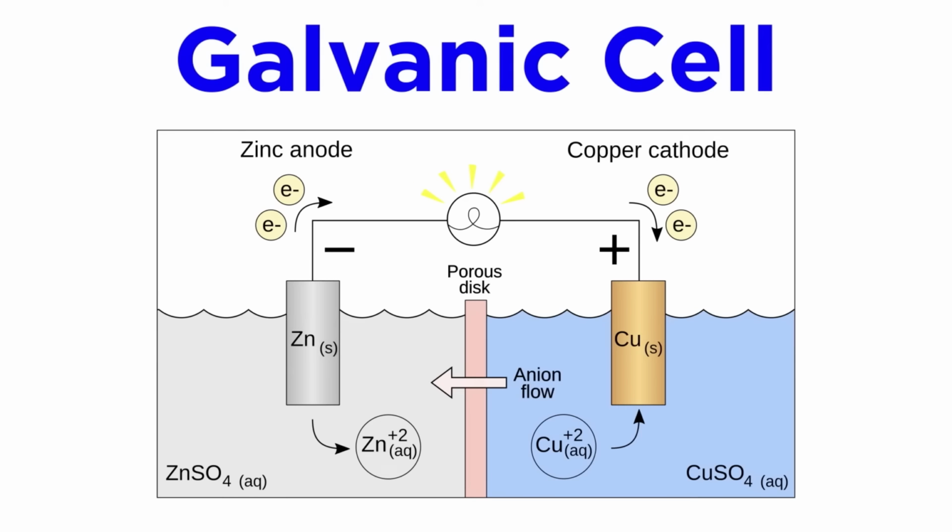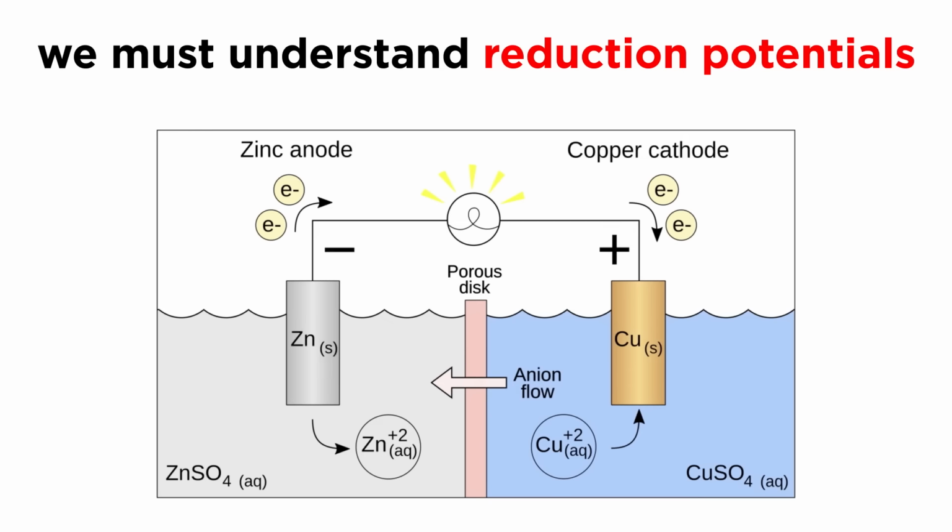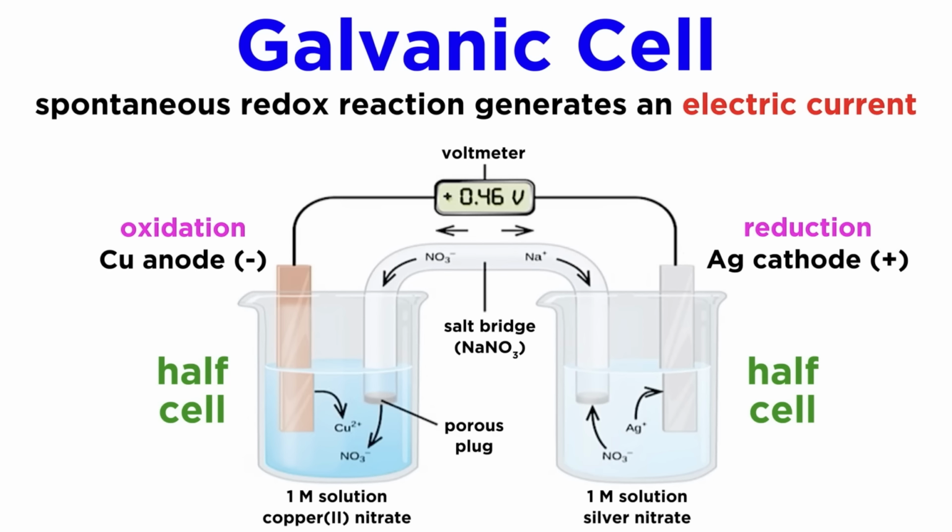Now we need to know how to perform calculations associated with galvanic cells that will tell us precisely how much current will be generated. This will involve looking at reduction potentials. Let's bring back our galvanic cell involving a copper anode and a silver cathode. This particular cell has a cell potential of 0.46 volts, which is generated due to the difference in the electrical potentials for each electrode, and it is specific to these materials, copper and silver.